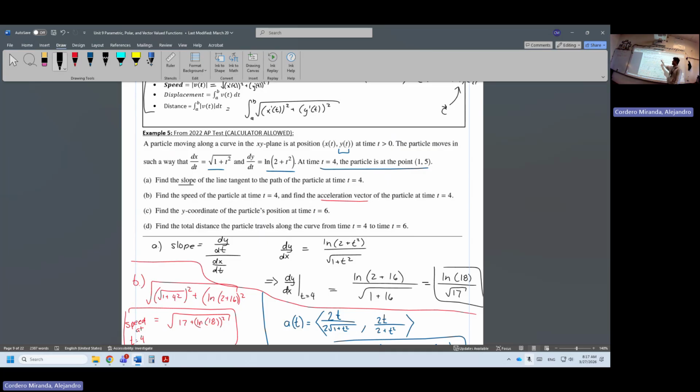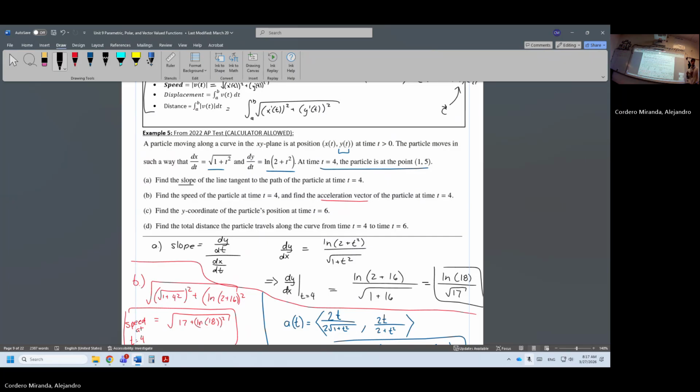Usually it was like a particle's moving, here are the derivatives, in other words, the velocities. And then parts A, B, C, and D were almost the same: find the position, find the acceleration, find this, find that. So if that comes back this year, remember I said that they took it away last year, then as long as you know this stuff, you're good on that question. That's 9 points, hopefully.